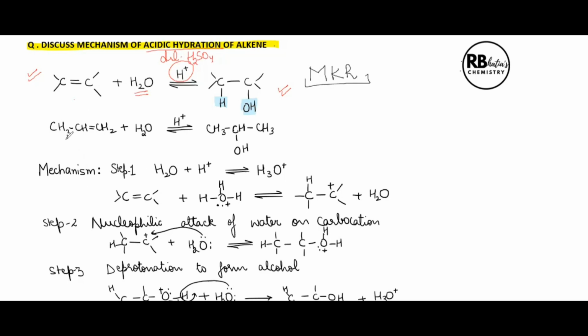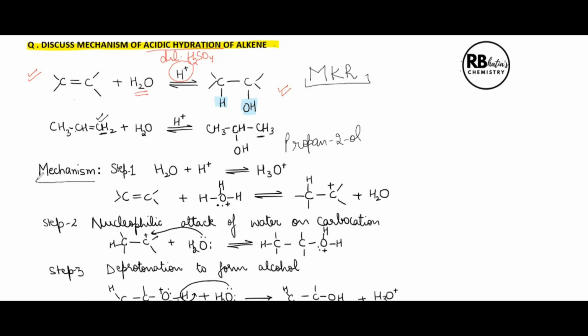So propene plus water, according to Markovnikov's rule, H goes to the carbon which already has more hydrogens, and OH gets attached to the other carbon. We get isopropyl alcohol or propan-2-ol. Mention the names of the products formed as well to make your answer good.